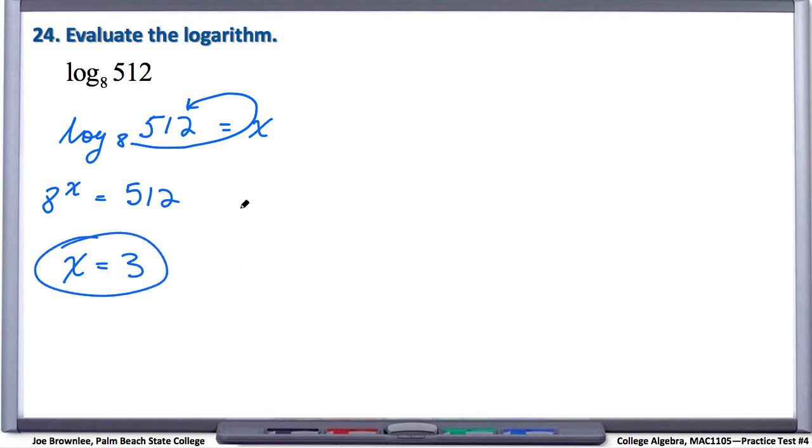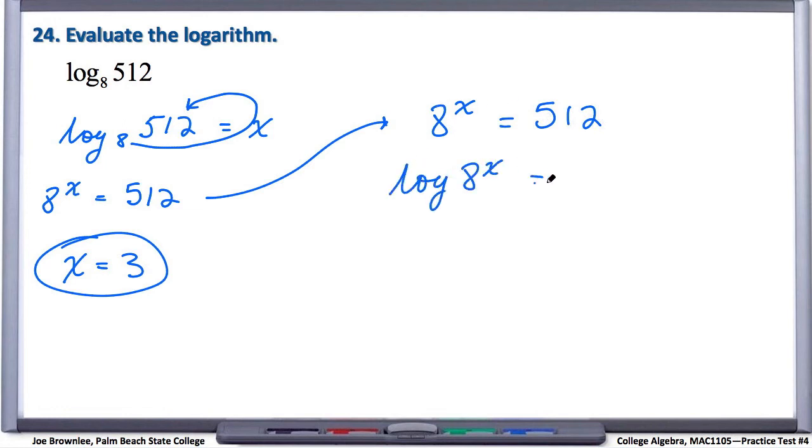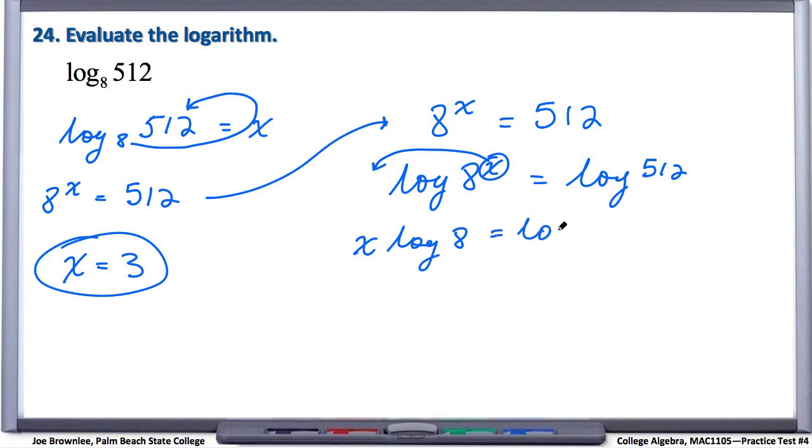But again, let's take a look at how we could solve this by taking the log of both sides. From this step, 8 to the x equals 512, if we took the log of both sides, that lets us pull the exponent down out front, and so we have x log 8 equals log of 512.